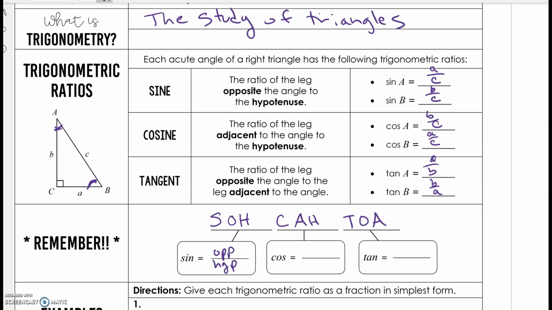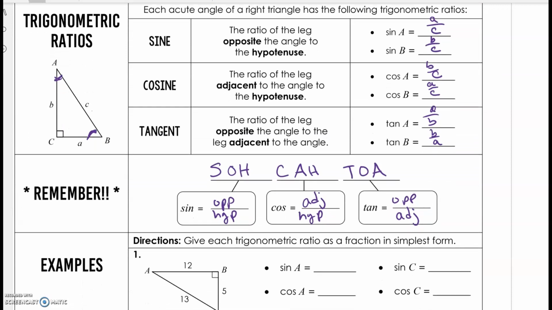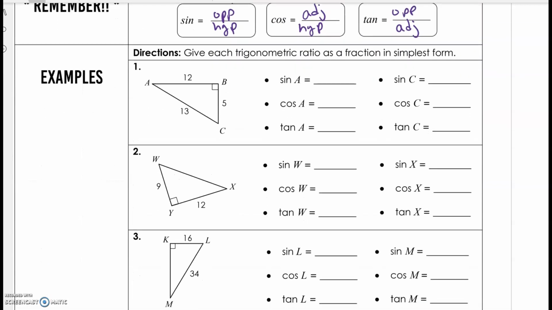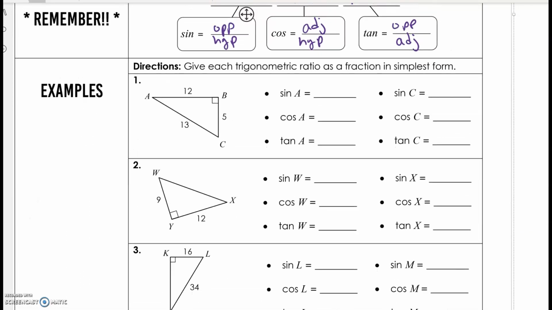Cosine, that's the C, is equal to adjacent over hypotenuse. So there's your AH. And then tangent, your T, is equal to opposite over adjacent. And that's your OA. Now keep in mind, this is only true with right triangles, 90-degree triangles. This is not something that we use with every triangle. There's a different scenario that takes place then.